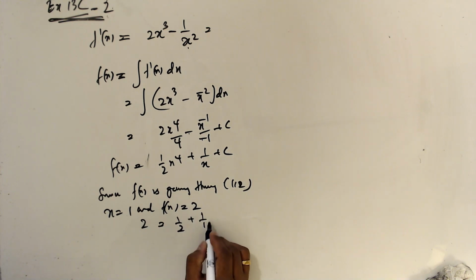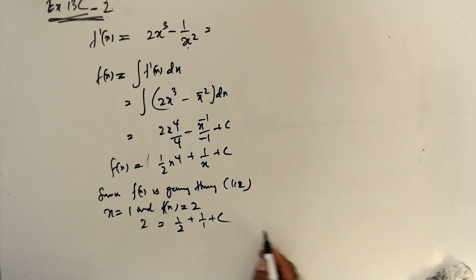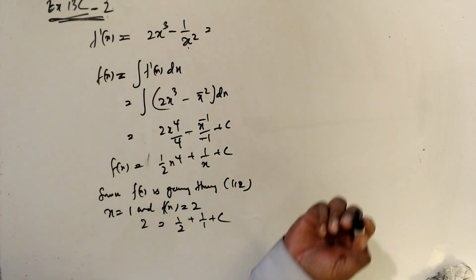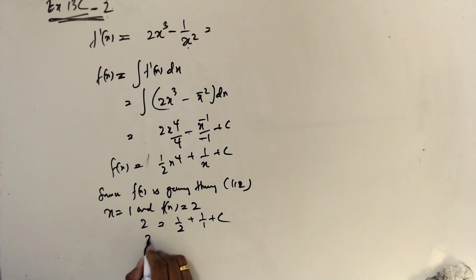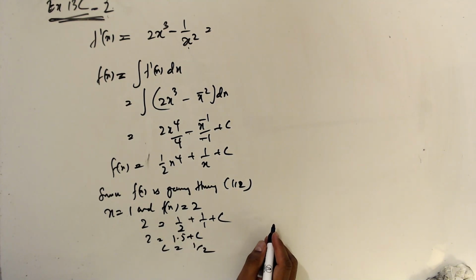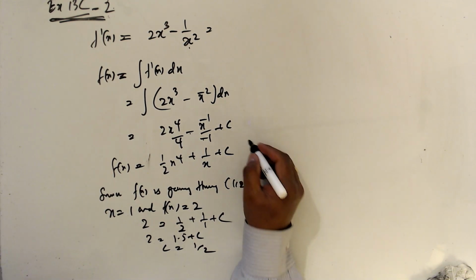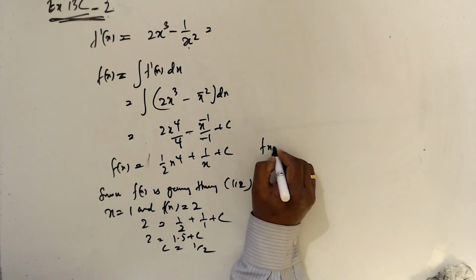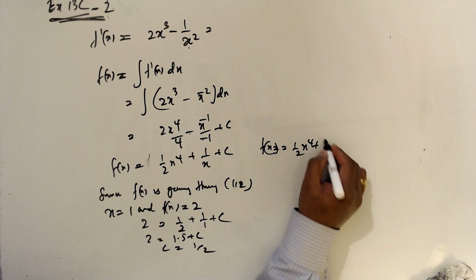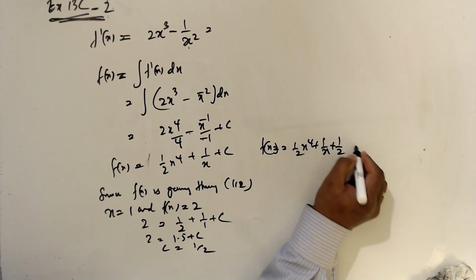This is 1 over 1, plus c. So this is going to be 1 and a half. 2 equals 1.5 plus c. C equals half. So the curve is going to be f(x) equals half x^4 plus 1 over x plus half.